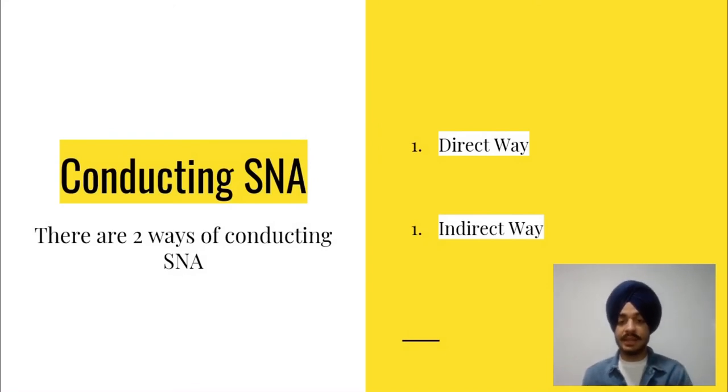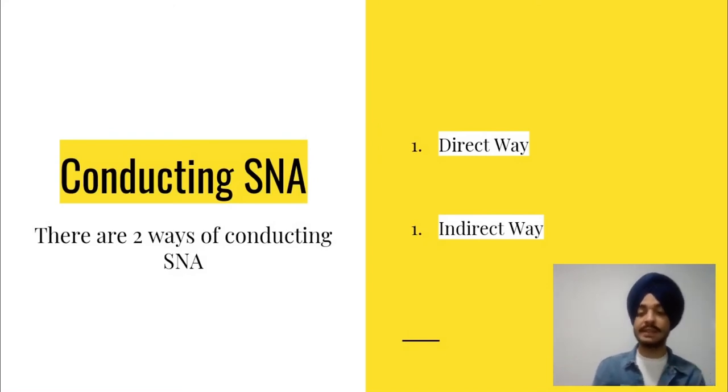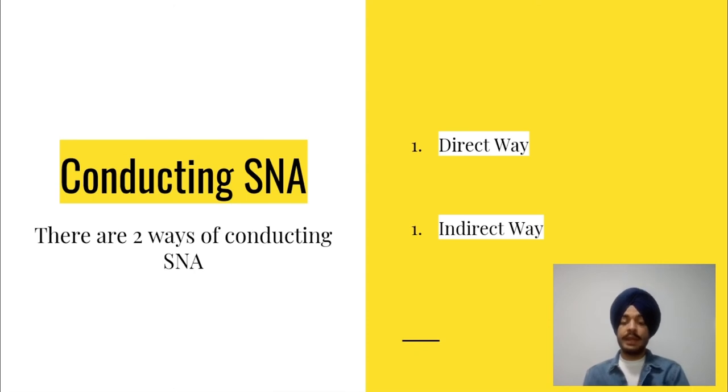Number one is the direct way. Number two is the indirect way. In the indirect way, they just analyze the emails or any other mode of communication between people. For example, which person emails others, how often he emails or communicates with others, and who replies to whom.